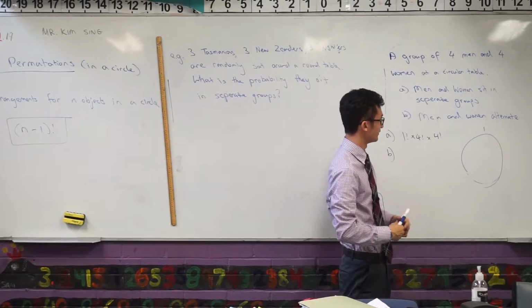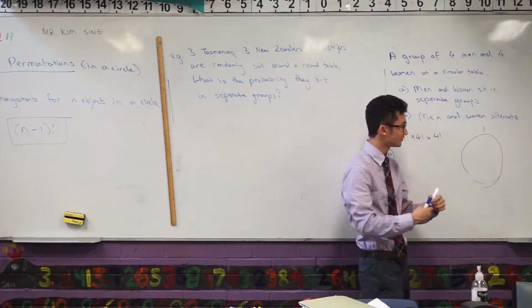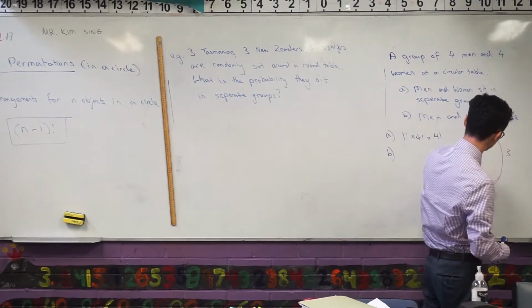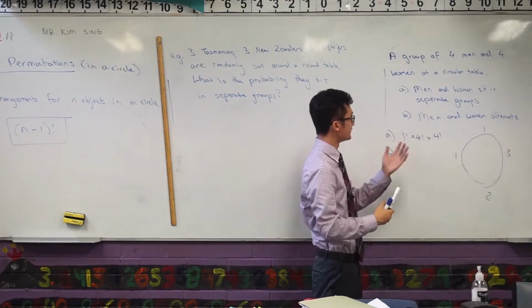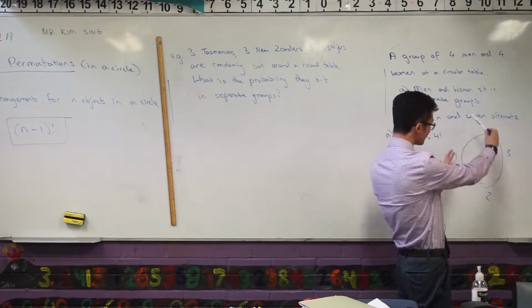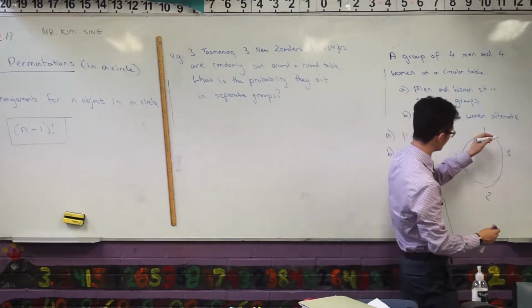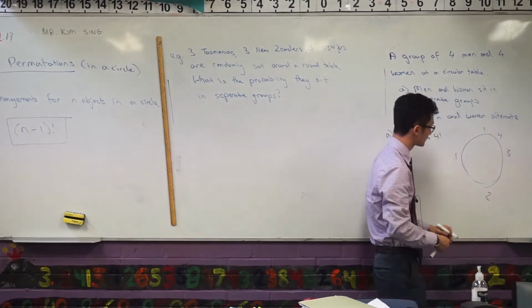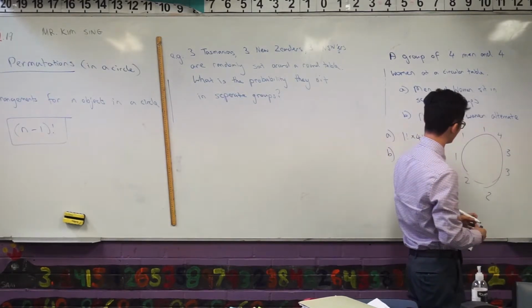So let's say I'm putting down all the men. There's one way to put 1 guy down, and I've got 3 men left. So I've got 3, then 2, then 1. Now, the women and men have to be alternating, so the women have to go in between there. Now that the people are fixed in, when I put the women down, I do have 4 choices because people are fixed in. And then how many women are left? Well, then there's 3, there's 2, and there's 1.